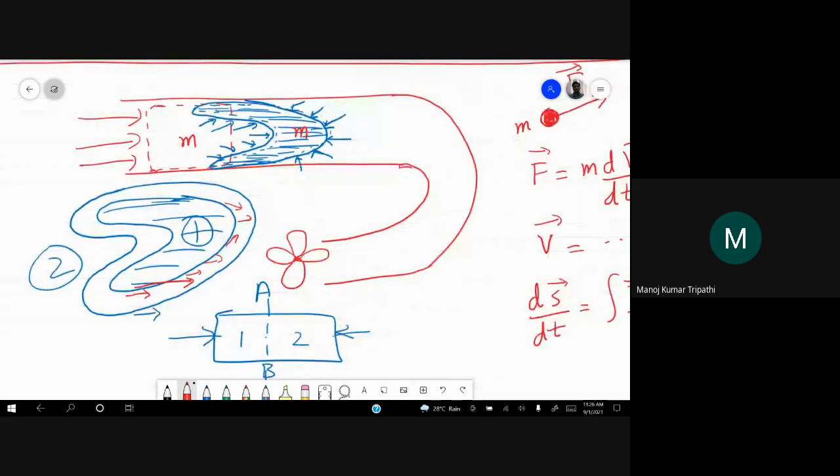So this force you need to determine for this moving domain, like this, as it deforms continuously. So this is a very difficult task. We don't want to do this.